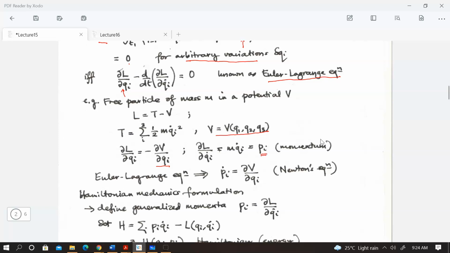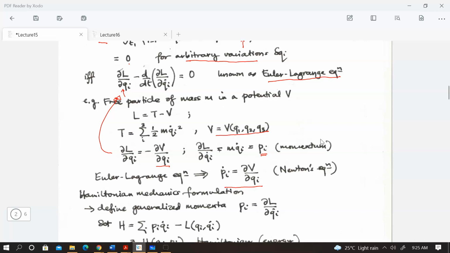So when one puts all these things inside this Euler-Lagrange equation, what you have is essentially the following equation, which says that the rate of change of your momenta is equal to your potential.